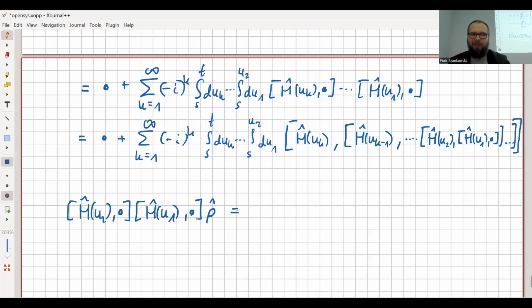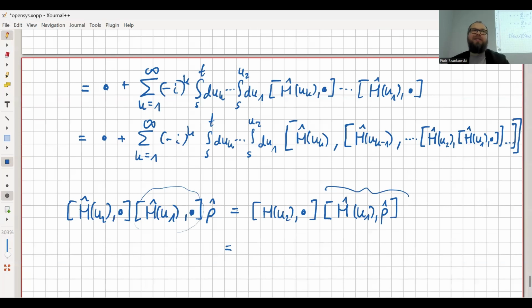So what's going on here? Let's act with the first guy first. So it's the commutator of H_{u_1} with rho. Okay, so this is an operator, right? It's a sum of operators, so it is an operator.